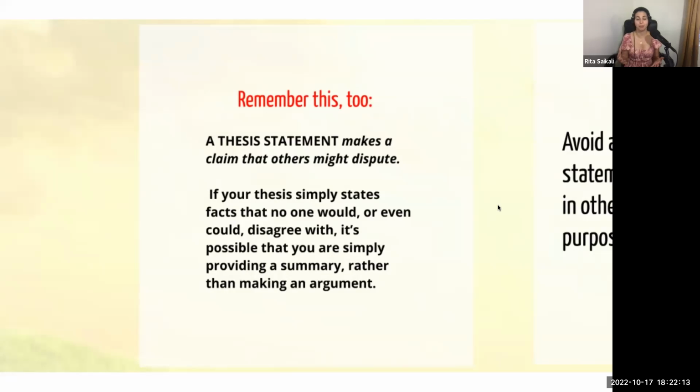I don't know, whatever the reason could be, right? People can argue with me. If I'm writing about abortion and I say I'm pro-life, I am against babies dying in the womb, then someone else may say, well, they're not a fully formed human yet, or whatever the case is. So in a thesis statement, someone can argue against you.